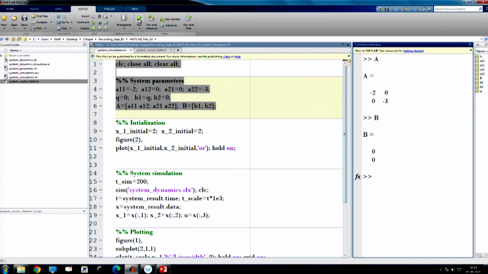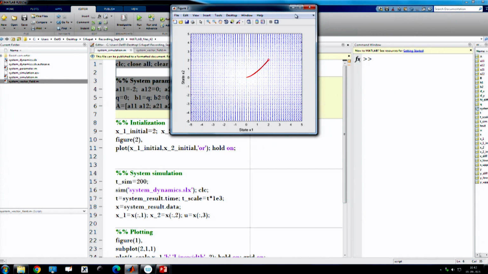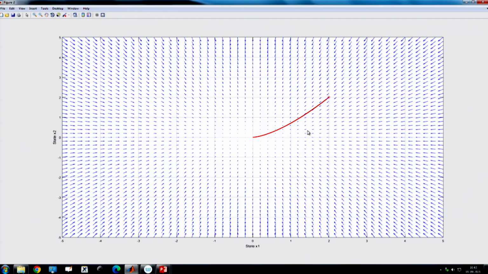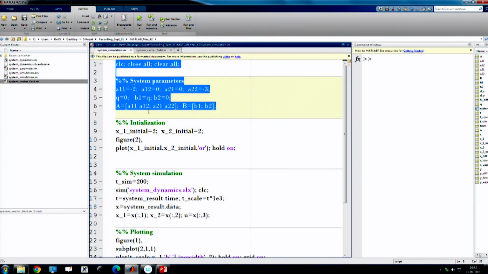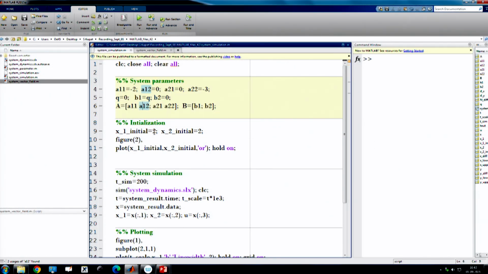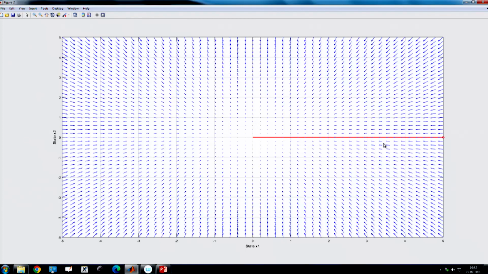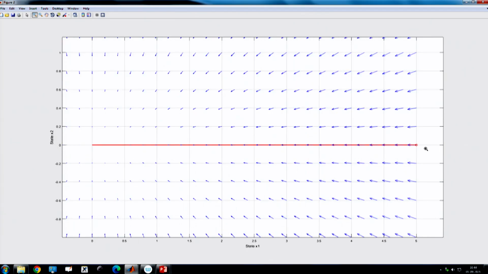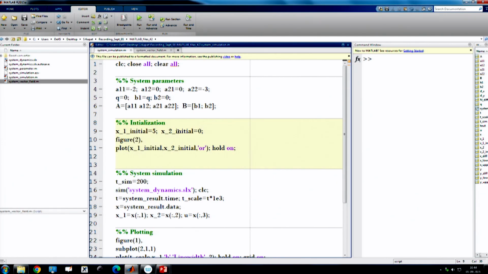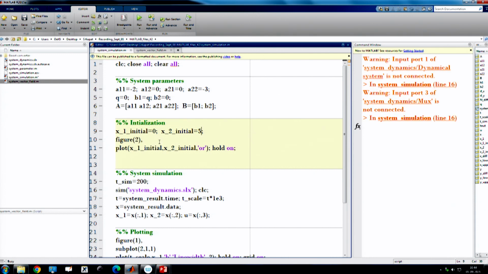So, if I run it, this is a vector field, and you can see if I choose an initial condition, let us say on this axis, say 5 here and 0 here, my initial condition will be along the axis. You see it will always go along the axis, and this is an invariant vector field that I have told, it will move along this path. Similarly, if I choose the initial condition 0 and 5, you will see it will move along the vertical axis.